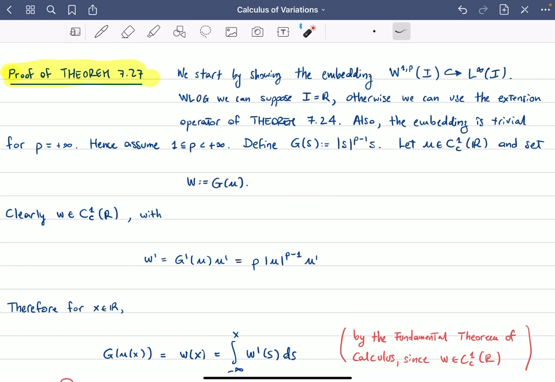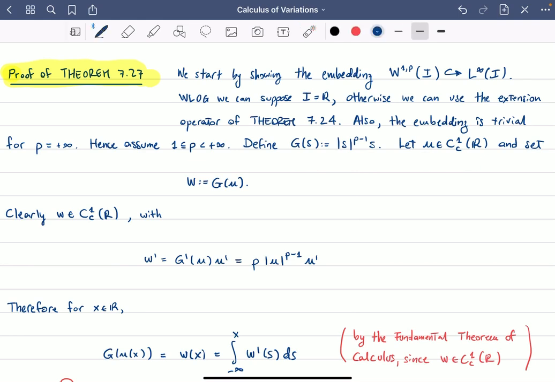Clearly we have that w belongs to C^1_c of R, because both functions are C^1, and u is compactly supported. And in the places where the function u is equal to 0, we also have that g is 0.